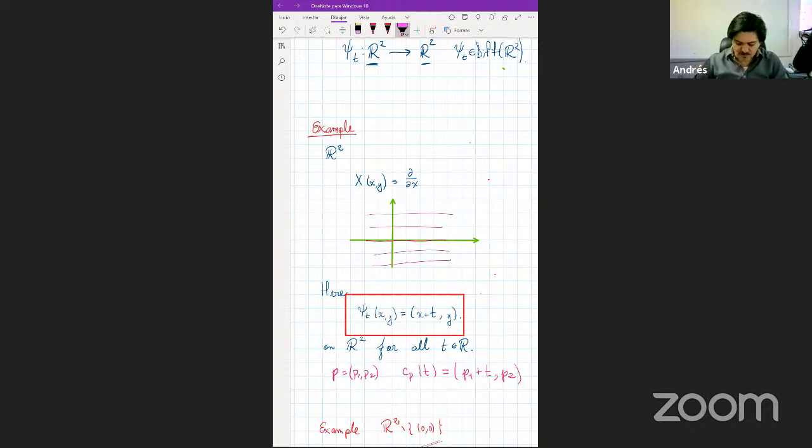So for the flow, you fix a t, and then you put together all the flow lines. The flow is exactly like gathering all the flow lines at a point t.